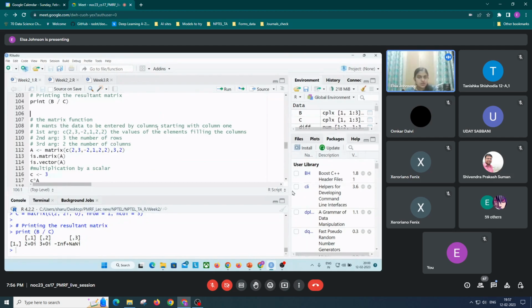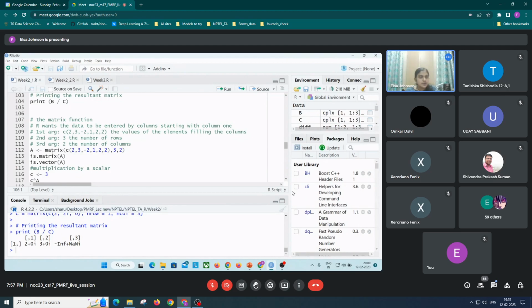R wants the data to be entered starting with column 1, so I'm just putting it in this format. The rank of a matrix, that I can show you, it's coming. You have to install some packages, I'll come to that.